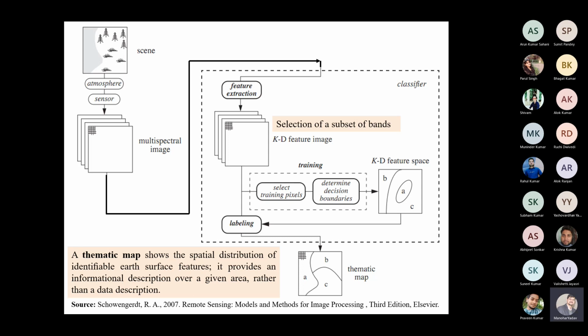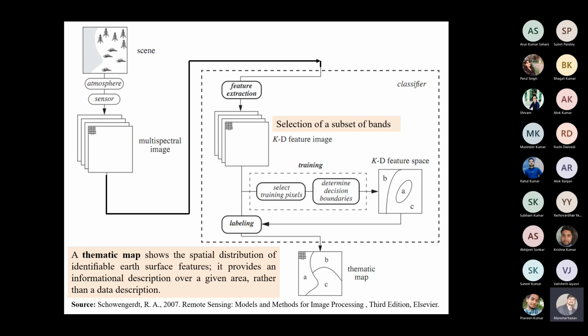After this training, from the input image, pixels are selected one by one and compared with the training samples. On the basis of comparison, we see the closeness of those pixels to the training pixels, and we assign them the class, which we call labeling. Finally, the thematic map is generated.